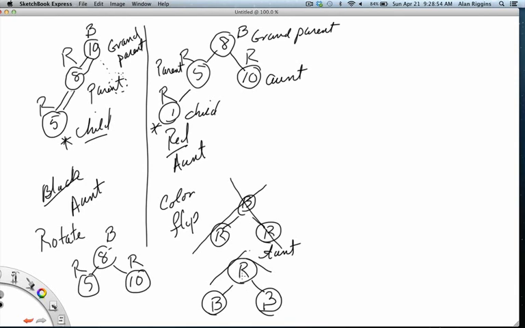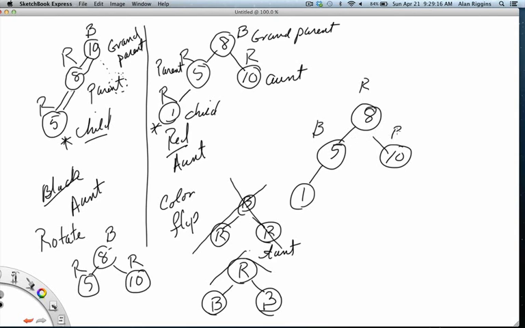So we do the color flip, and let's write our tree over here with the changed colors. There are our 4 nodes. So now we do a color flip. So this is our pattern. We have red, black, black. We have changed the color of each of the 3 nodes.